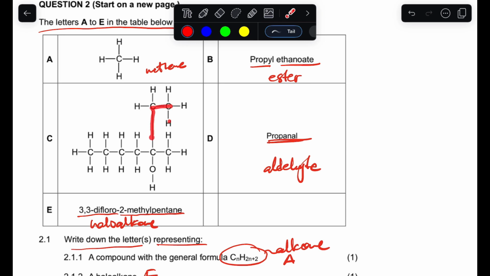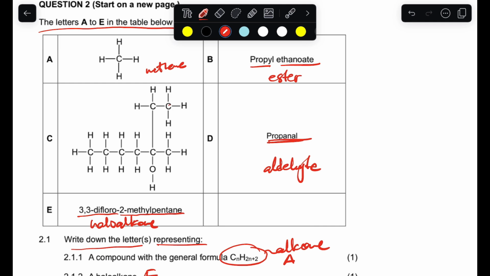I'm starting here: 1, 2, 3, 4, 5, 6, 7. That's 7, that's the longest. If you start here, it's 1, 2, 3, 4, 5, 6. So the longest is 7. So our parent is going this way.